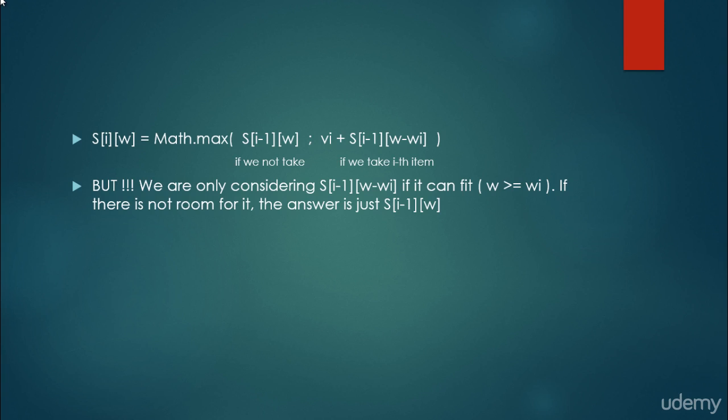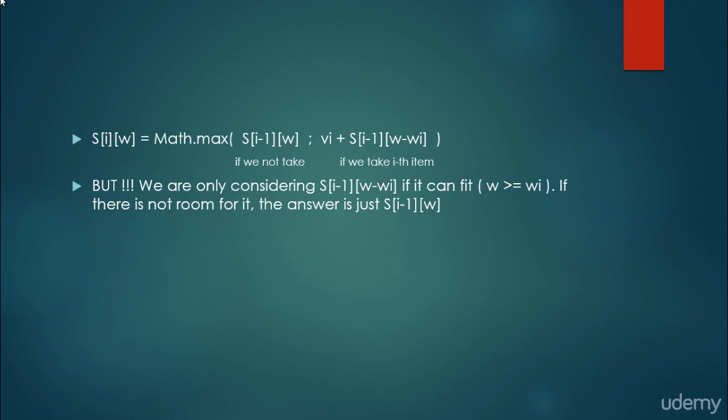We have to use the max function. We can make decisions. If we do not take the item, then S(i, w) will be S(i-1, w). If we take the ith item, then it will be v_i, which is the value of the ith item, plus S(i-1, w - w_i).